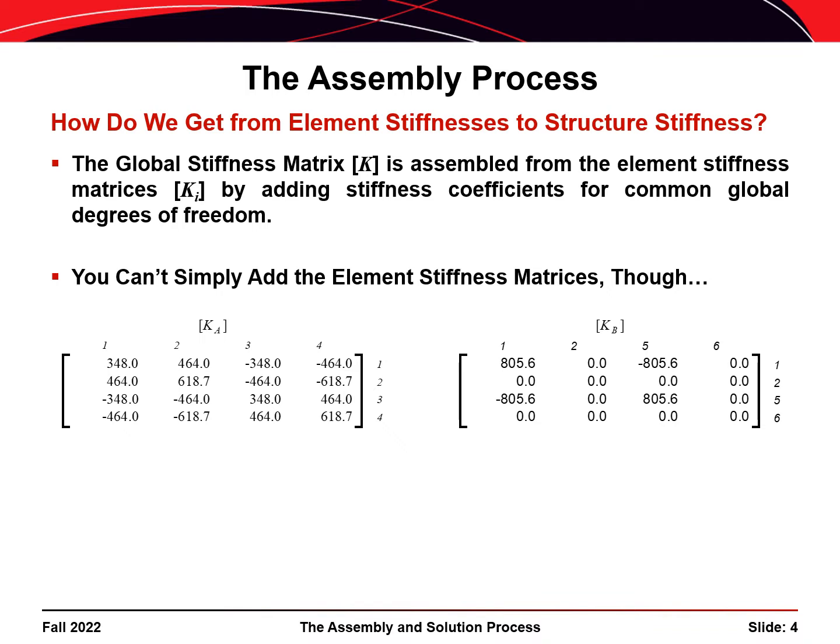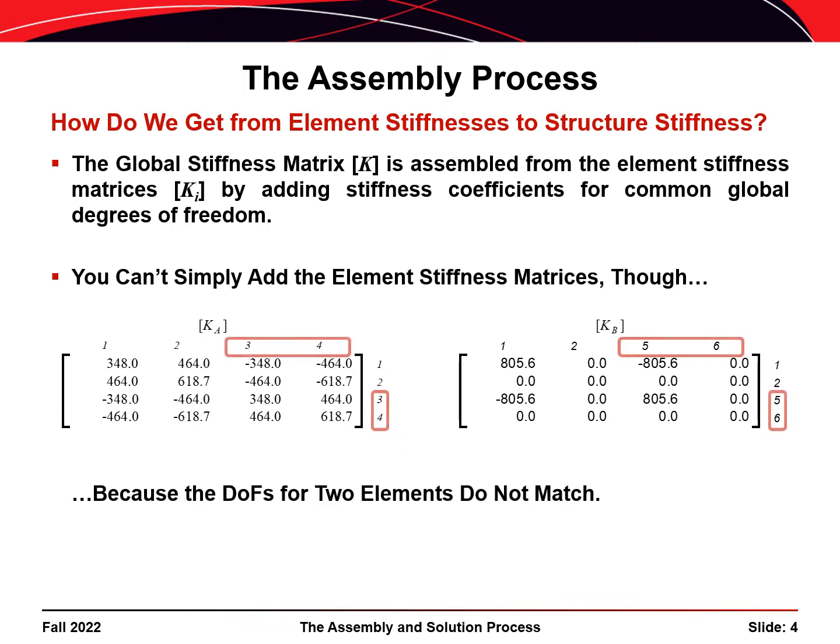Therefore, adding the element stiffness matrices together in their current form fundamentally wouldn't result in a global matrix of the proper rank. Secondly, if we were to simply add the truss element stiffness matrices together now, we would be adding stiffness coefficients for inconsistent global degrees of freedom.